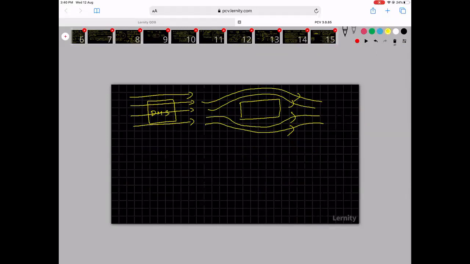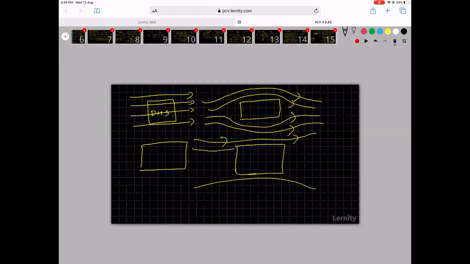If you have a paramagnetic substance here, that is slightly attracted to the magnetic field. Beyond that, nothing much happens. It pulls the magnetic field slightly towards itself.